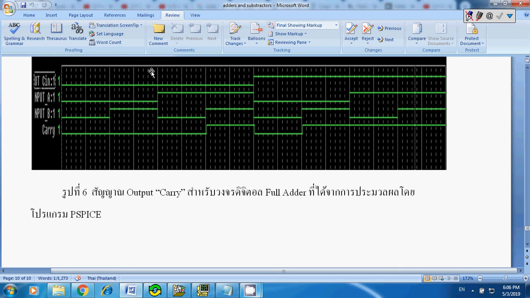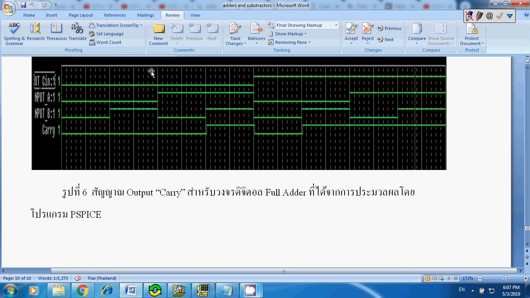Okay, that's all about how to design the full adder circuit. What we need to do is start by creating the truth table, and then do the Karnaugh map to minimize the output terms in terms of your inputs, and then finally you connect the circuit.